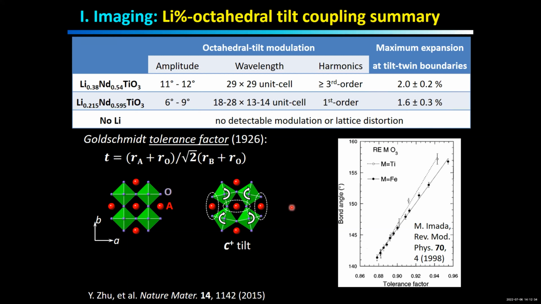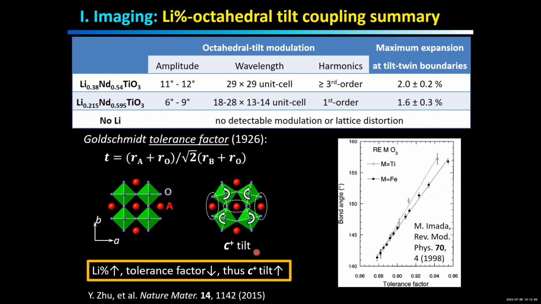So this means the smaller the A cation, the larger the octahedral tilt angle, and also the smaller the tolerance factor. This coupling has been experimentally confirmed in perovskite materials. Based on this consideration, in the LNT material, the higher the lithium content, the smaller the tolerance factor will be, so the higher the octahedral tilt we will see. That is consistent with our observation.